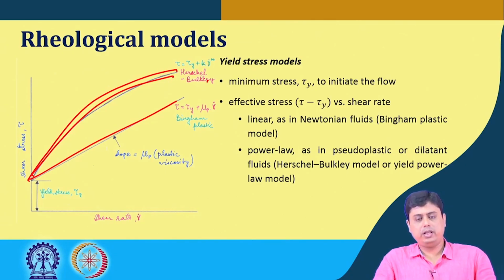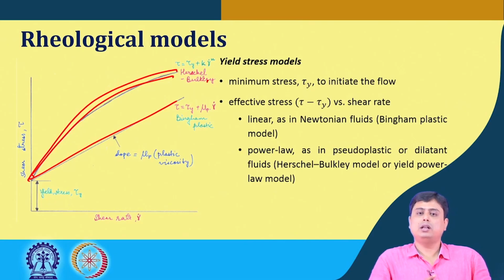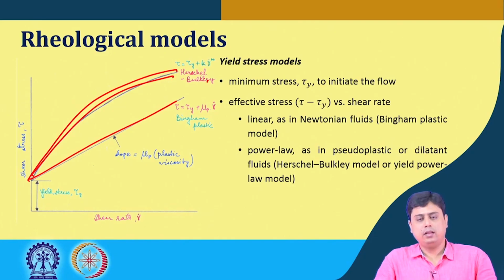To determine the flow regime, we must know the Reynolds number of that flow, which we have seen depends on the consistency index and the flow behavior index. And for that set of power law liquids, we have also seen the transition Reynolds number in terms of correlations provided by researchers in the literature.